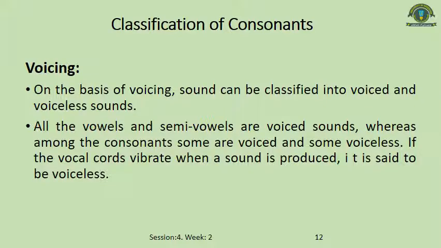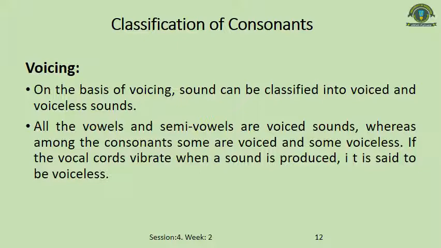I think now you are in a better position to understand the position of our vocal folds, after having seen the previous two slides I presented, to understand the position of our vocal cords inside the neck area, which is known as the voice box. But remember, we are trying to classify the consonants on the basis of voicing.